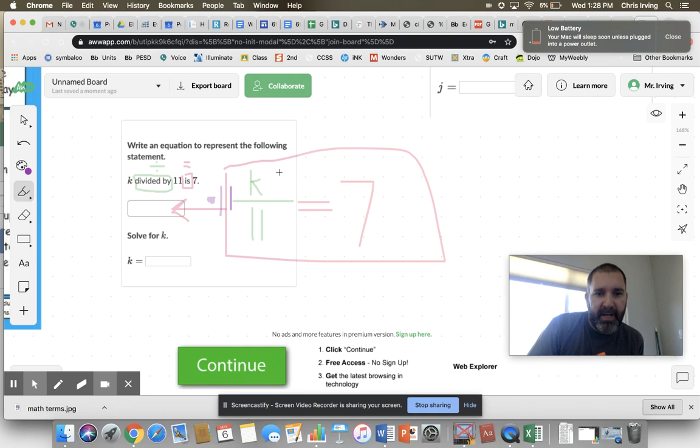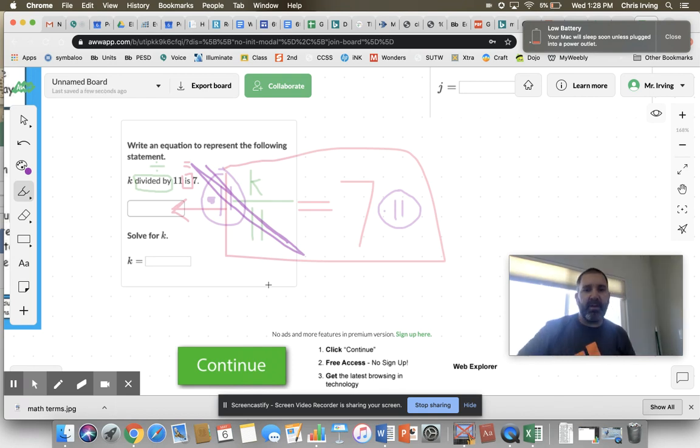We're going to multiply the left side of the equation by 11, and we're going to multiply the right side of the equation by 11. Okay? When we do that, the left side cancels out. All right? Cancels out means all we're left with is K, because when you take K and you divide by 11 and then you multiply by 11, you're right back with K.